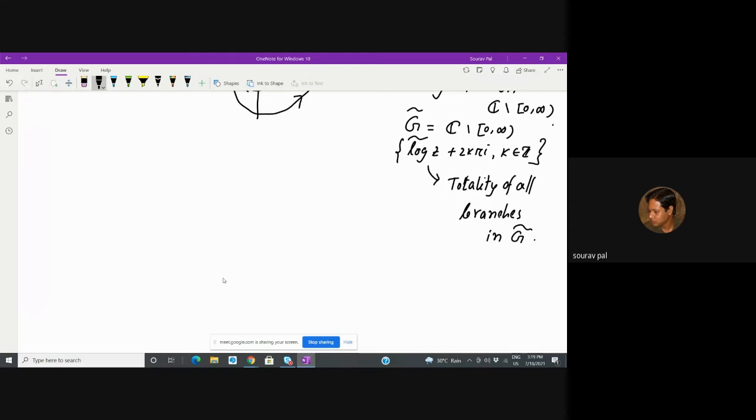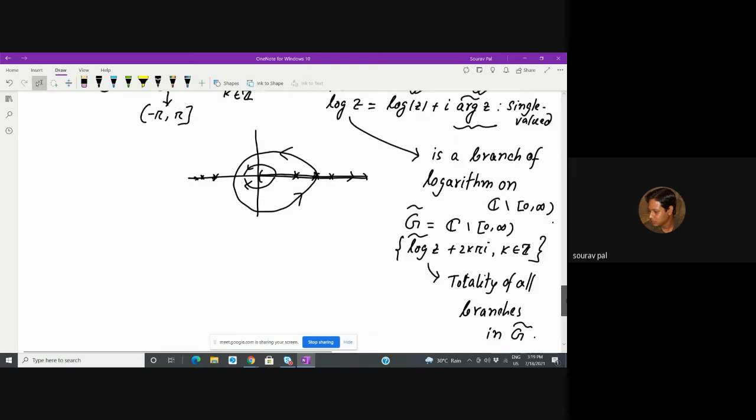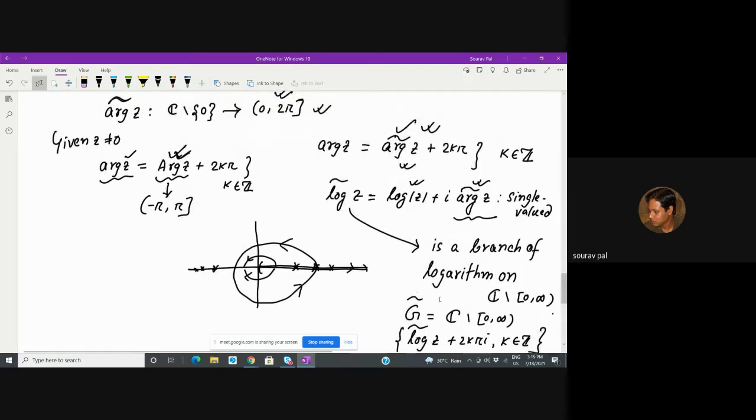Now the point is, I am just trying to explain: if you remove any half line passing through the origin, you can define a branch of logarithm there. So here we have removed the negative x-axis. Here we have removed the positive real half, and we have a branch of logarithm, and infinitely many branches of logarithm in terms of that, by adding 2k pi i.